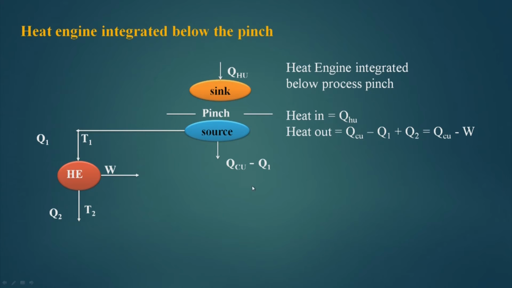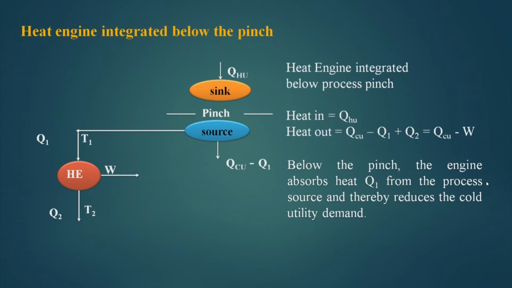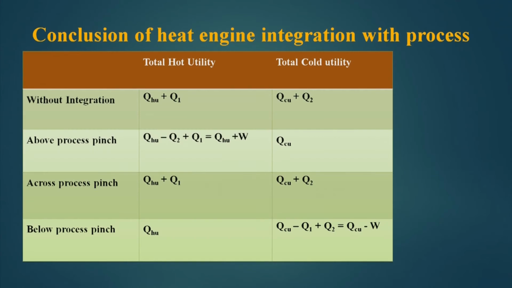So, the demand of the cold utility for the process is QCU minus Q1. So, this is QCU minus W. Below the pinch, the engine absorbs Q1 from the process source and thereby reduces the cold utility demand.